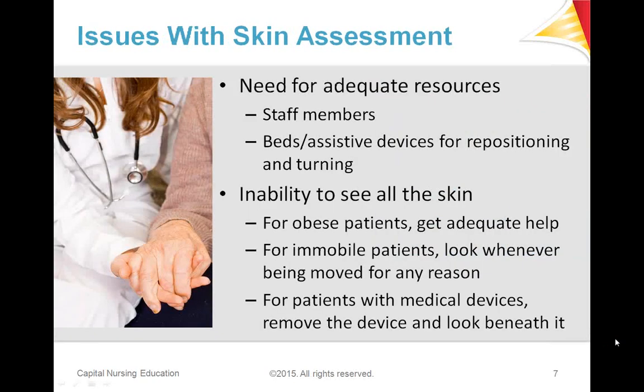So what are some of the issues with skin assessment? Well, first and foremost, it takes a lot of nursing power and ancillary power to reposition many of our patients. Many times in the coronary care unit as well as the intensive care unit, it's very difficult with all of the tubes to reposition patients carefully without dislodging something, and it takes multiple people to do this sometimes.